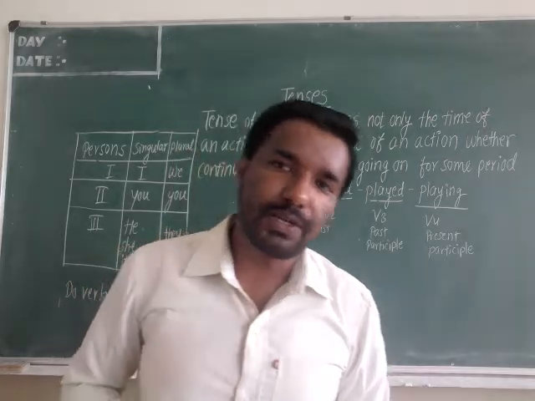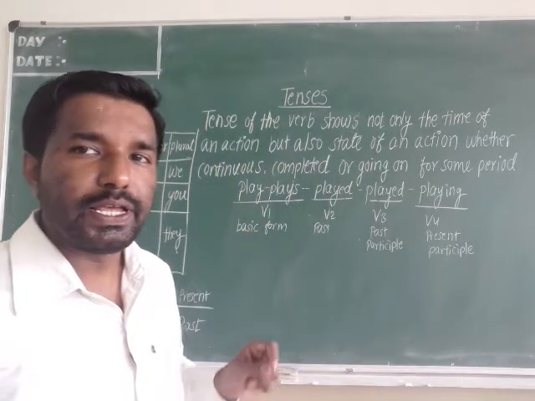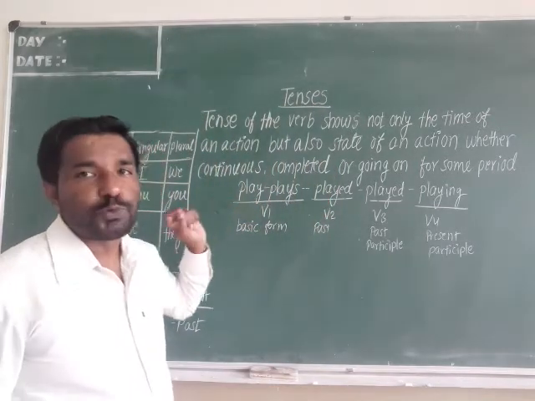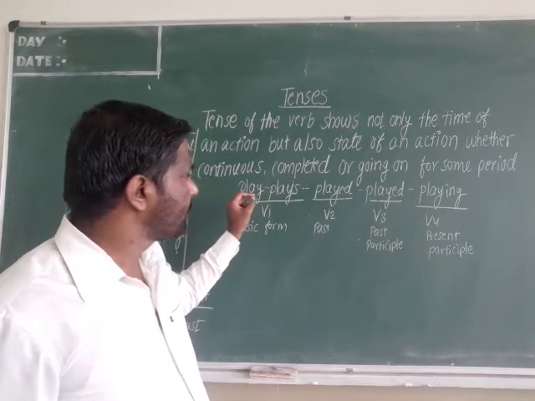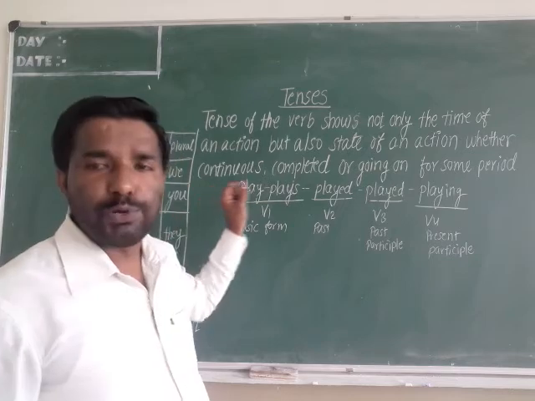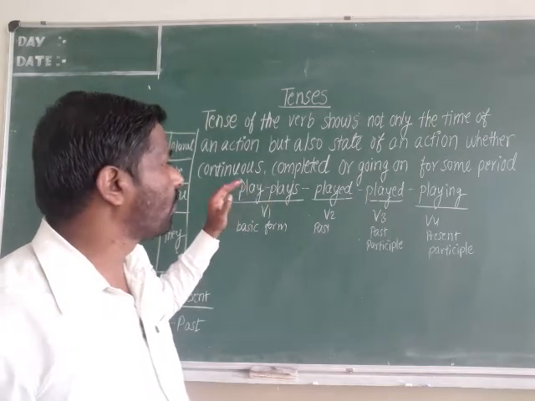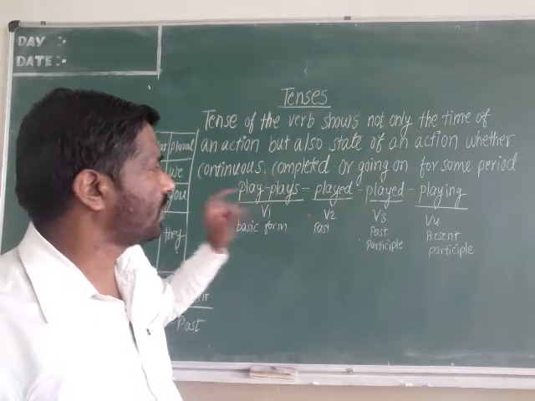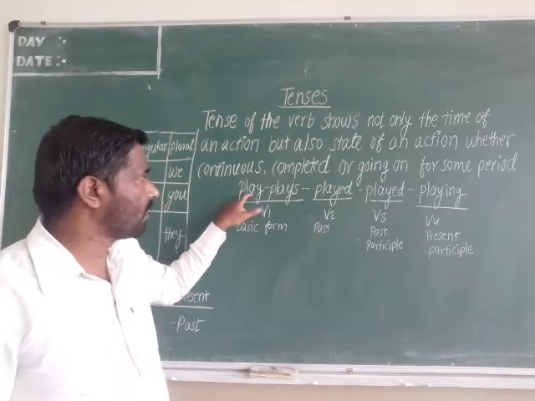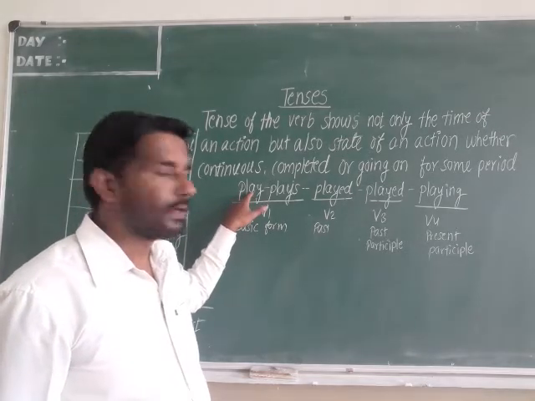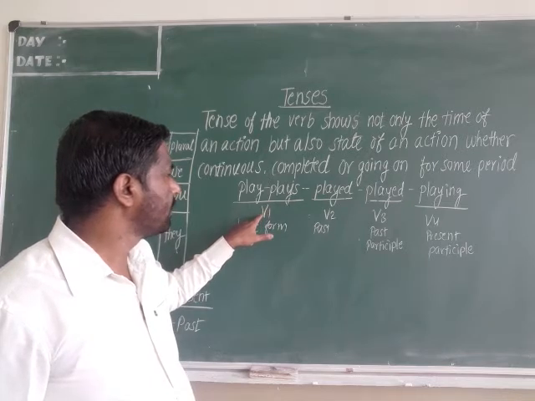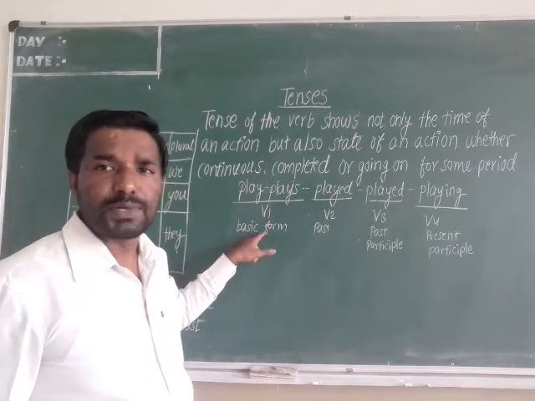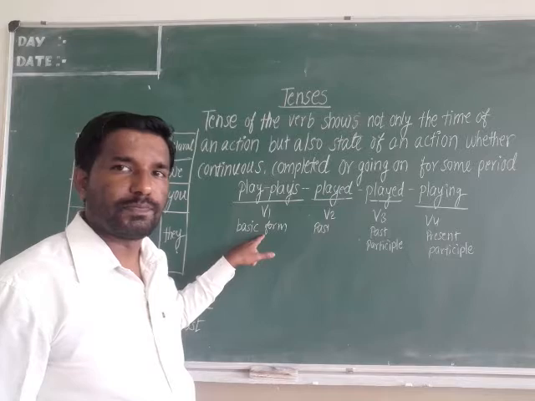And before we go to that, you should know about the different forms of verbs. Every verb has different forms. 4 forms are there. For example, if you take the word play, plays, both of them come under basic form or present tense form.